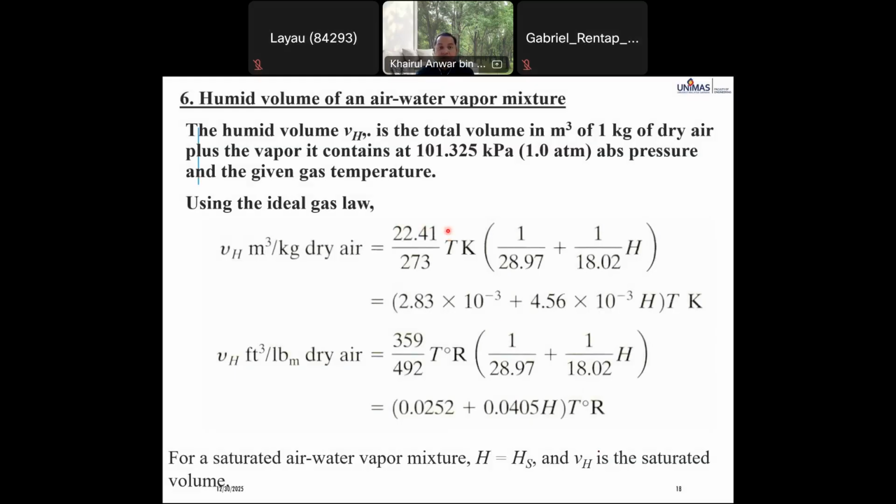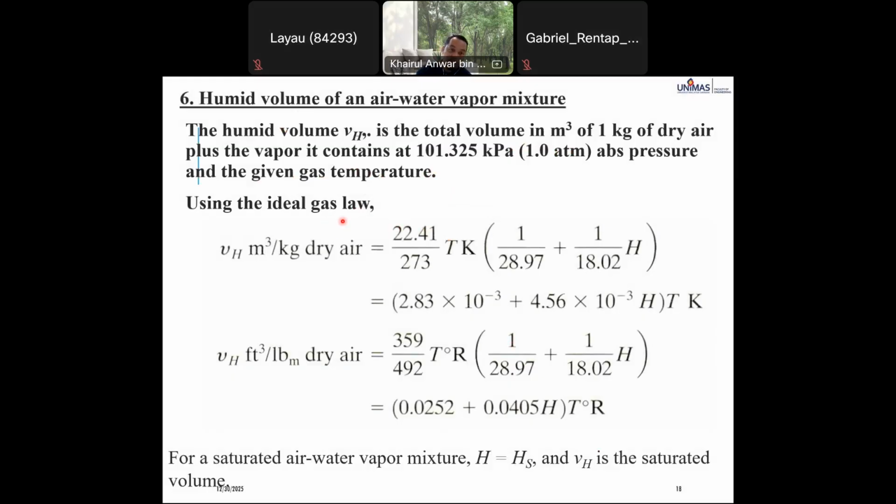Humid volume of an air water vapor mixture: the humid volume VH is the total volume in meter cube of 1 kg of dry air plus the vapor at 101 kilopascal, 1 atm absolute pressure, and the given gas temperature, using the ideal gas law.